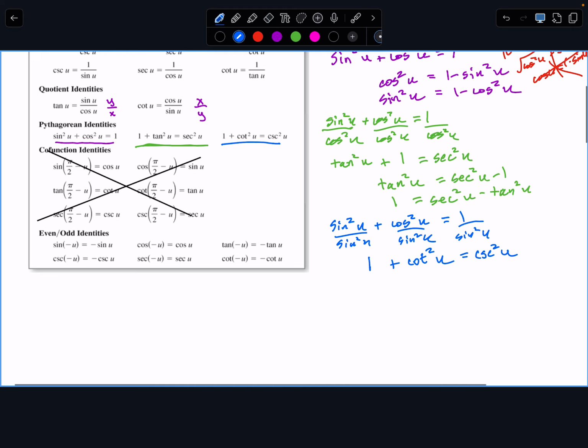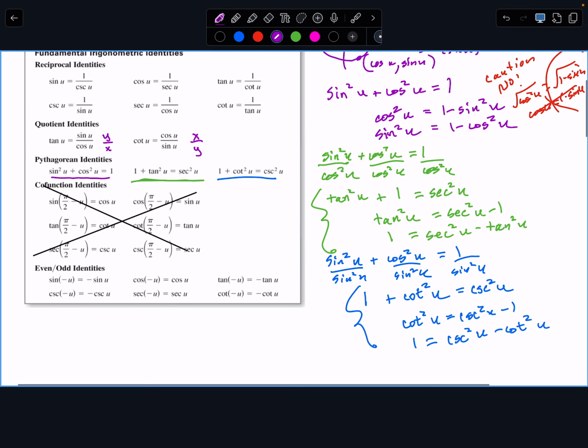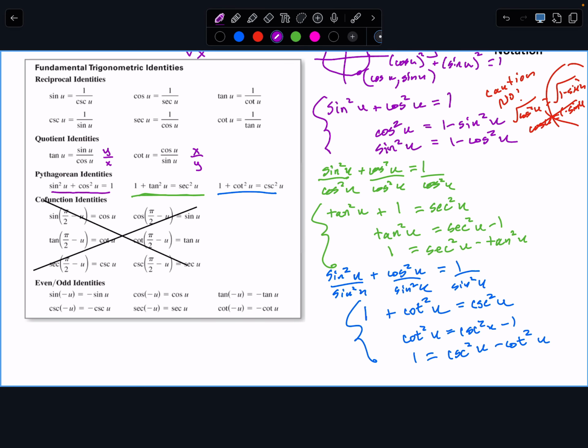And then we can rearrange it. I can solve it for cotangent squared. And I can solve it for 1. So we have these Pythagorean identities and rearrangements of them.